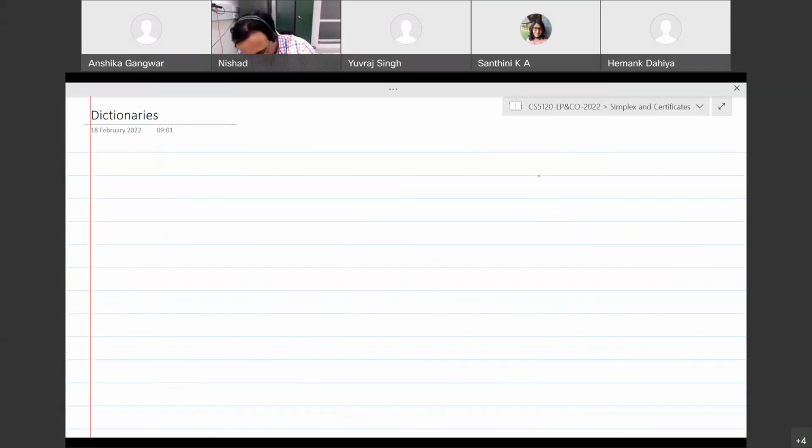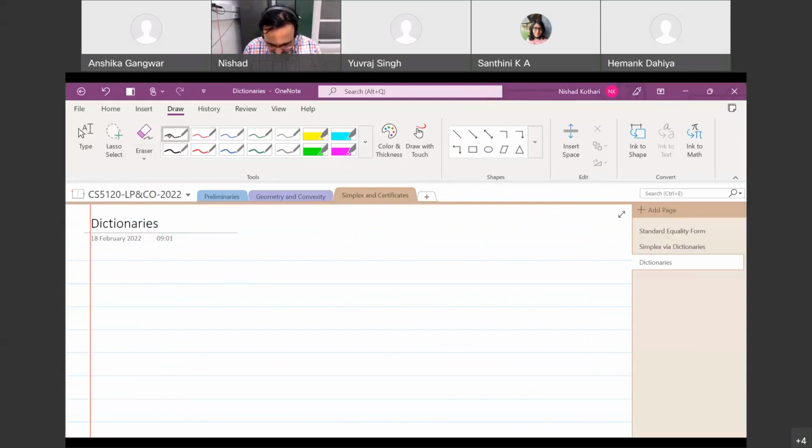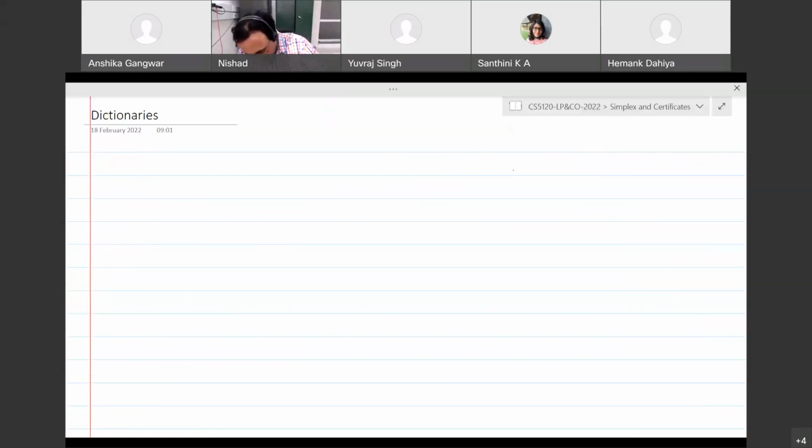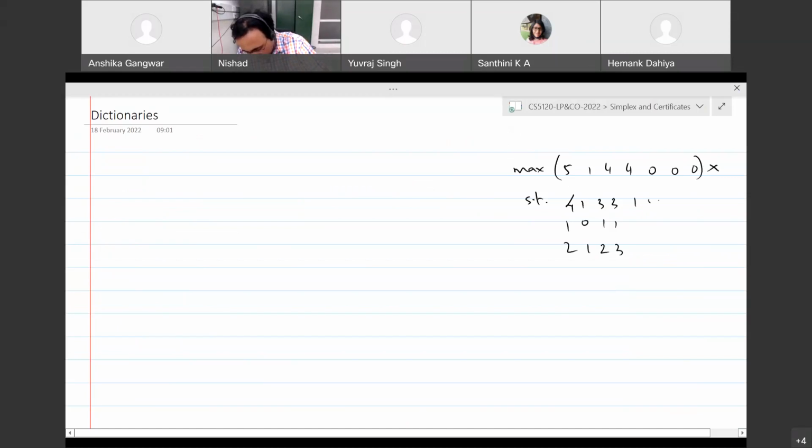So maybe I'll just put down the original LP on the right hand side here. So we had maximize 5, 1, 4, 4, 0, 0, 0 times x subject to 4, 1, 3, 3, 1, 0, 1, 2, 1, 2, 3, followed by an identity matrix.